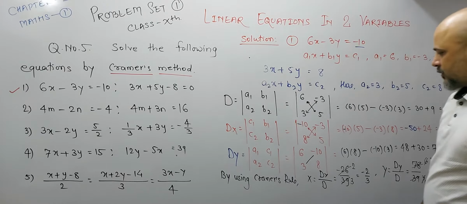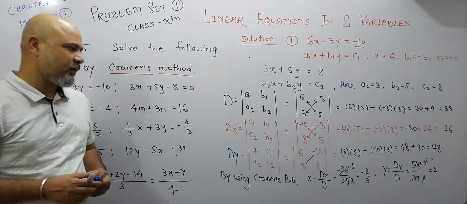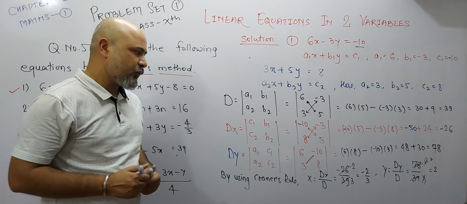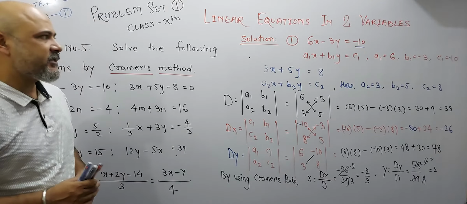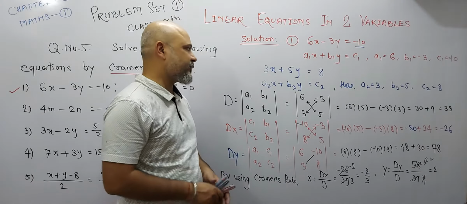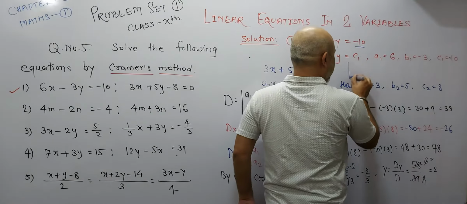Okay. So what is the value of x? The value of x is minus 2 by 3 and the value of y is 2. So this is the solution of our linear equations 6x minus 3y is equal to minus 10 and 3x plus 5y is equal to 8. So finally you write the answer.